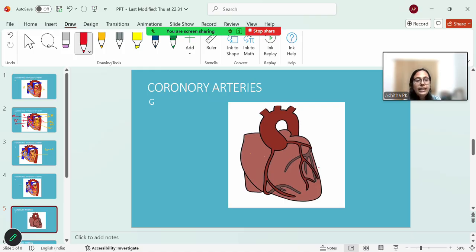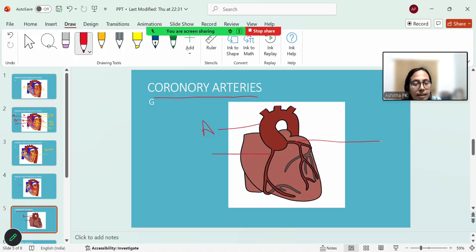To supply oxygenated blood to the heart, there are specific arteries known as coronary arteries. They arise from the aorta, just above the aortic valve. There are two coronary arteries.